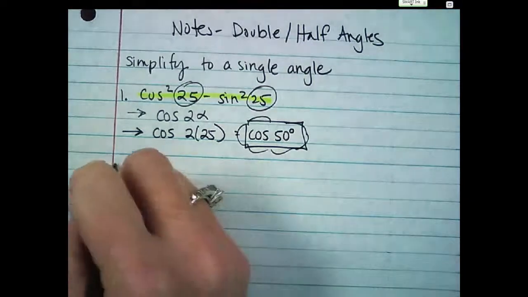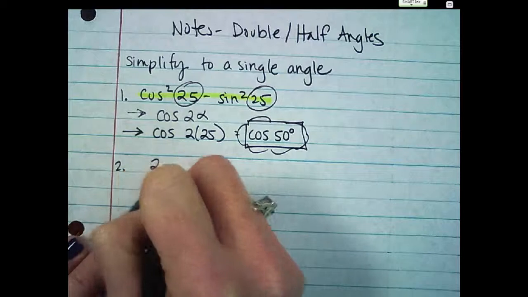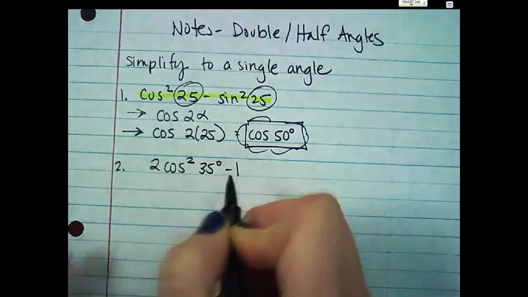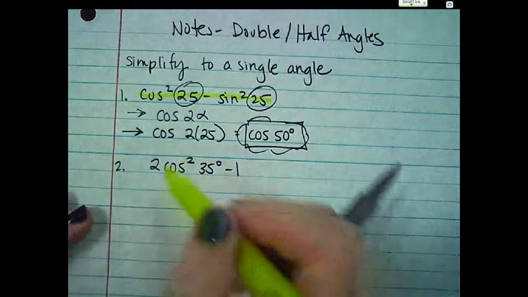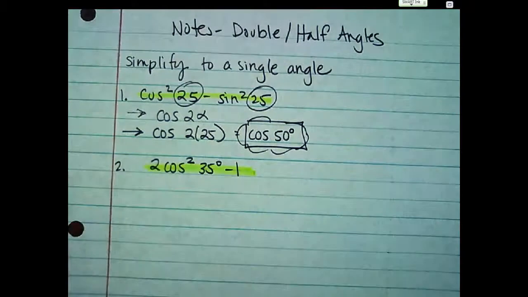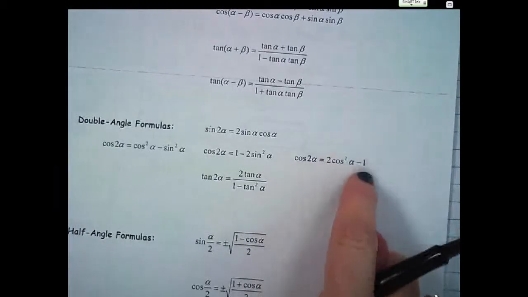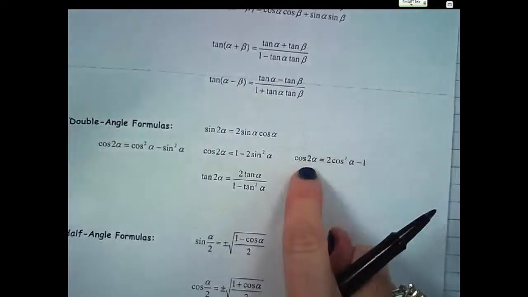All right, number 2. Number 2 says 2 cosine squared 35 degrees minus 1. So look on your formulas and see what matches 2 cosine squared minus 1. If you'll notice, it's right here. 2 cosine squared of an angle minus 1 is cosine 2 alpha.